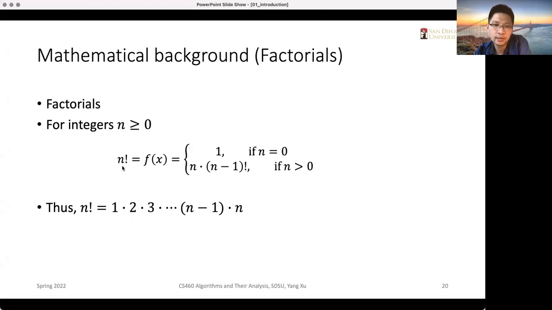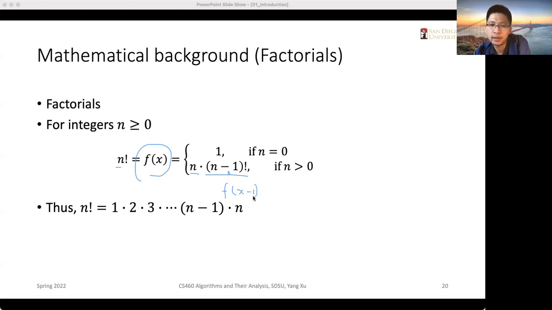So we can define f of n as n factorial, right? So this factorial of n is actually n times the factorial of n minus 1, right? So we can write this internal term as f of n minus 1.